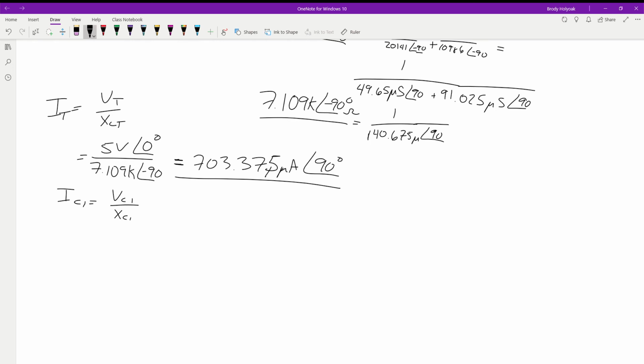What's the voltage that we have across C1? 5 volts. And our X of C1 was 20.141 kiloohms at negative 90.